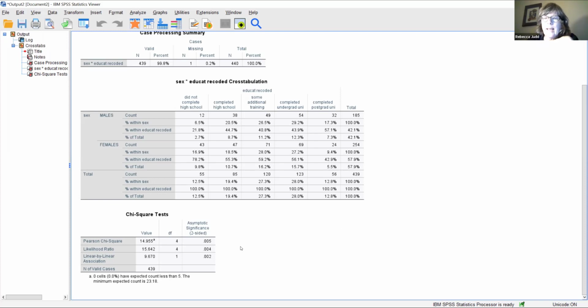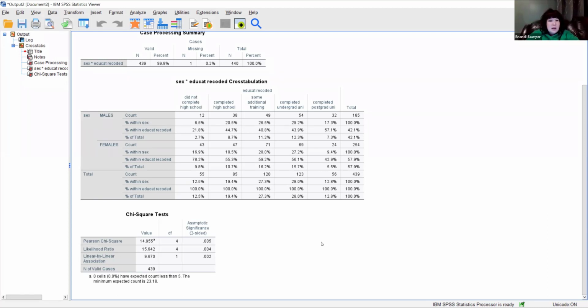But what I can say is that there is a relationship. There is a significant difference between males and females in terms of the education, because it is significant right here. Any questions about that?